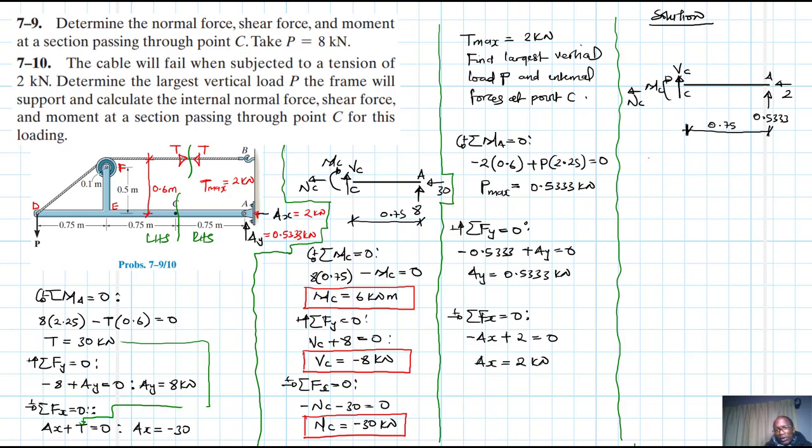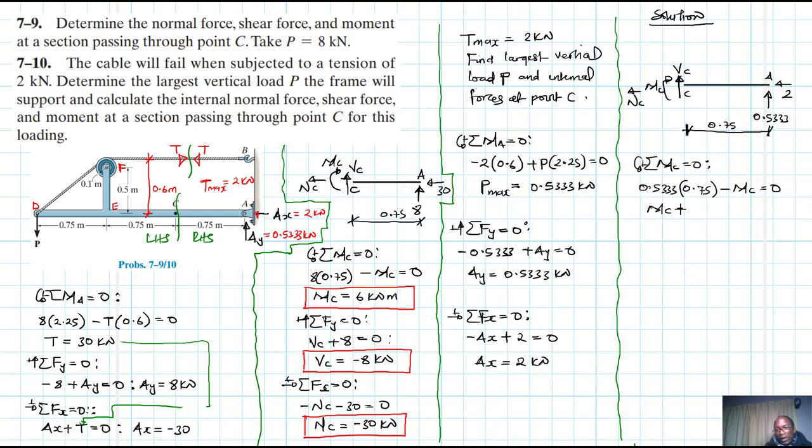So with this information, we can quickly start applying the equations of equilibrium, anti-clockwise being our reference. So what do we have? We have a positive moment of 0.5333 times the lever arm 0.75, okay, and then minus MC equal to 0.